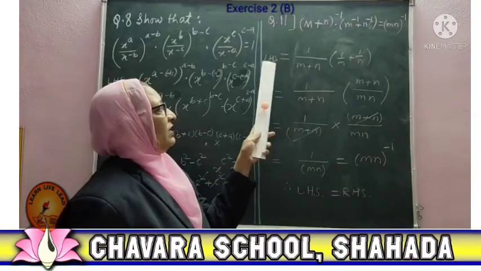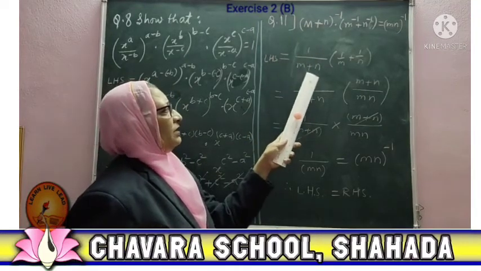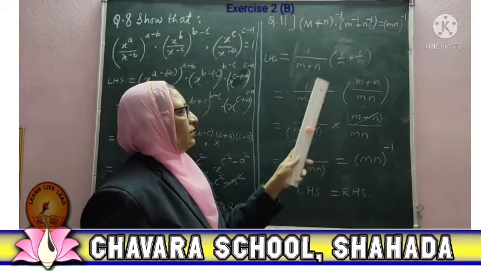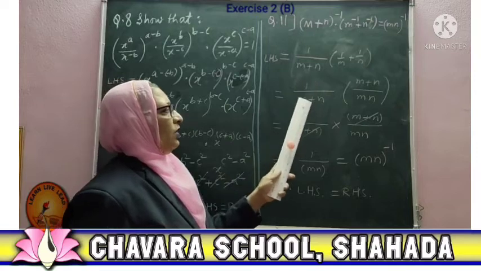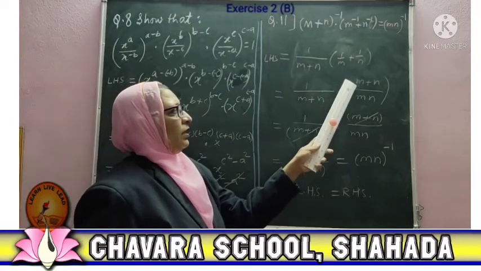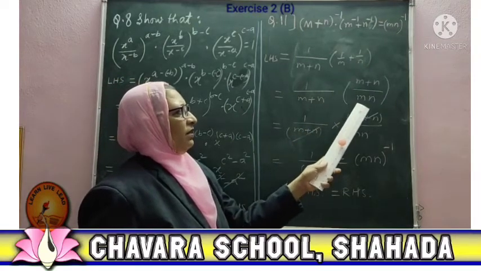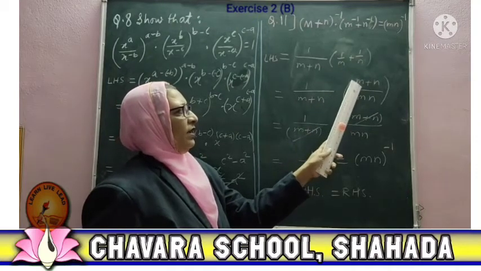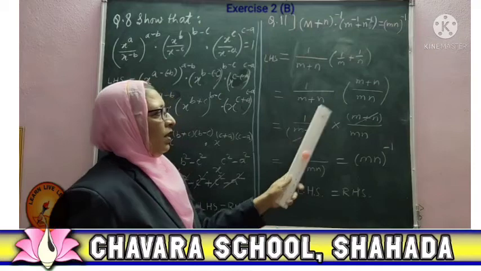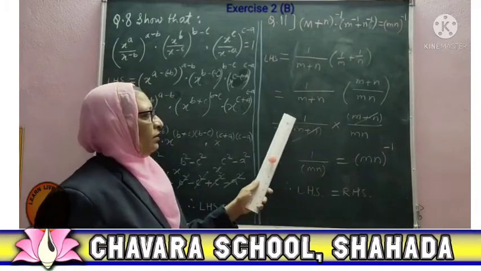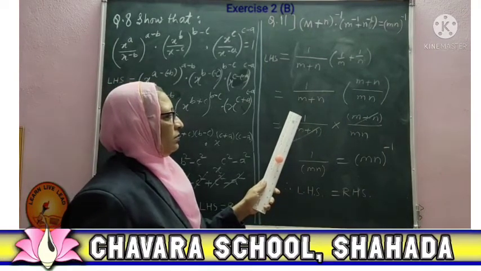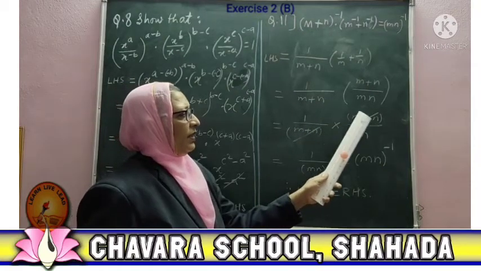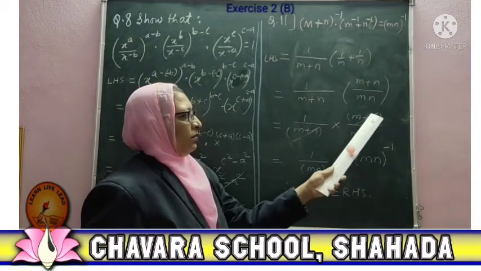So left hand side is equal to 1 upon m plus n into (1 upon m plus 1 upon n), which is equal to 1 upon m plus n into, here the LCM is mn and we will add m and n, so m plus n upon mn. That is 1 upon m plus n into m plus n upon mn.